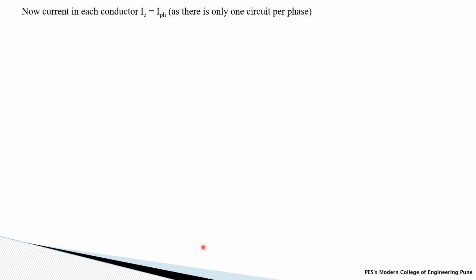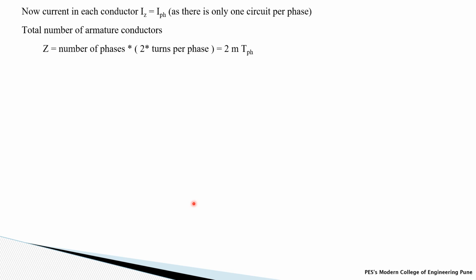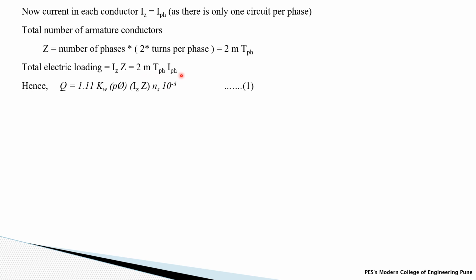Iz is the current in each conductor. We are considering one circuit, that's why Iz is equal to IPH for our case. The total number of armature conductors we can calculate as Z equal to number of phases into 2 turns per phase, that is 2 M TPH, because one turn is nothing but 2 conductors. So the total electrical loading we can calculate as Iz into Z, the ampere conductors, which becomes 2 M TPH IPH.